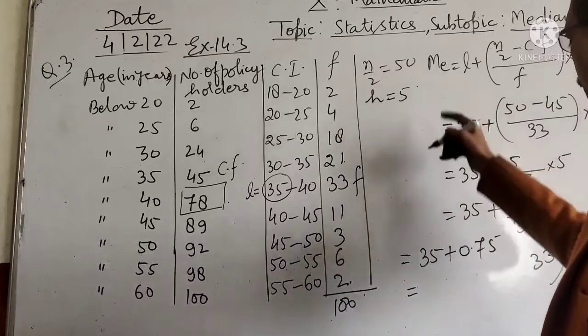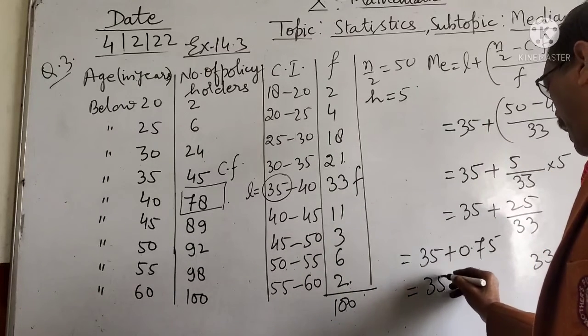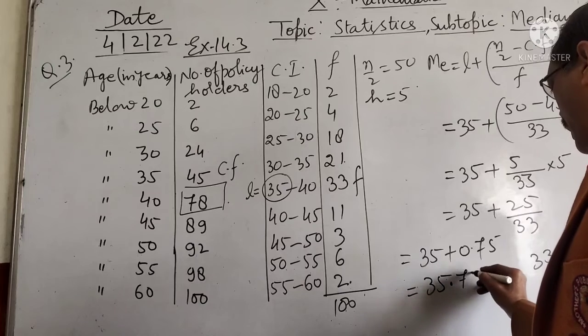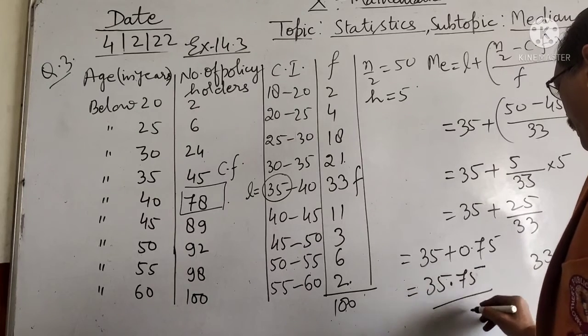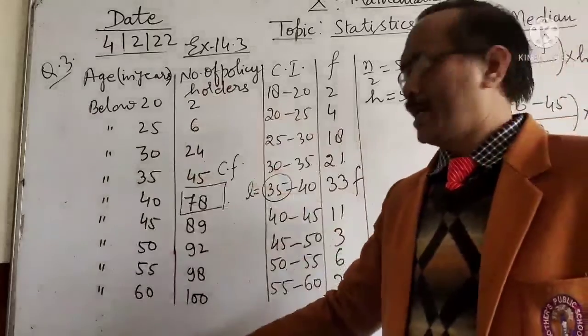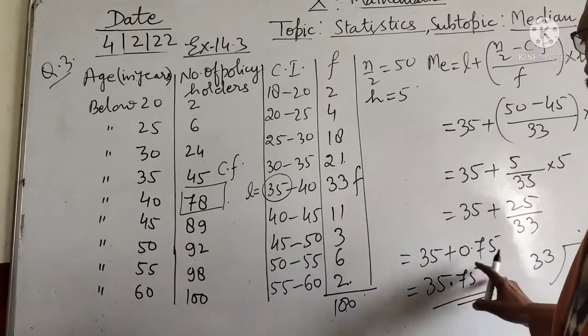So the median is 35.75. The median of the given data is 35.75.